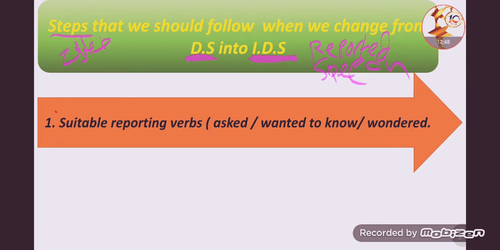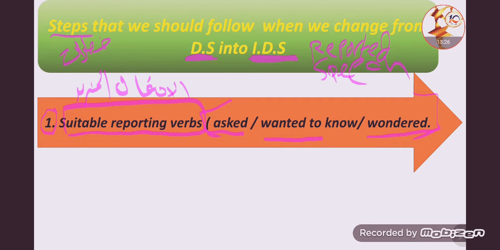Look here. First we use the suitable reporting verbs. بدك تستخدم الأفعال الخبرية المناسبة اللي هي كالآتي: asked, wanted to know or wondered. عادة أنا لما بدي أحول لل indirect question بستخدم الأفعال الخبرية الآتية مثل asked, wanted to know and wondered. هدول 3 أفعال لازم نعرف إنه whenever we see these it is indirect question. okay. إذا عندنا asked, wanted to know, wondered. وبرضه برجع بعيد لك مرة تانية I will put the reporting sentence for you.